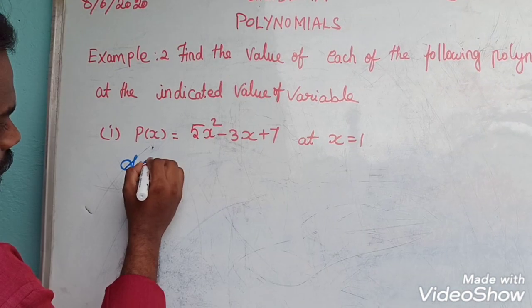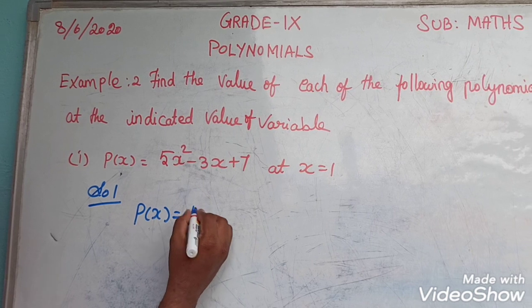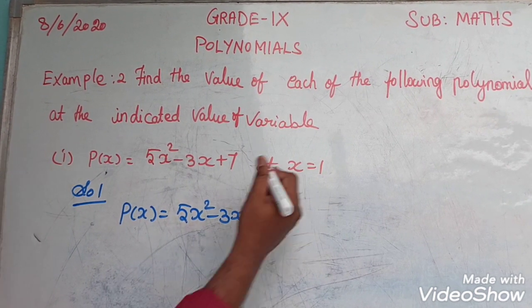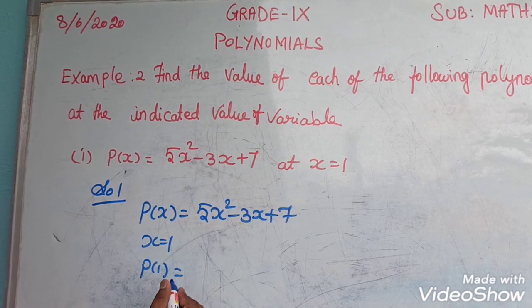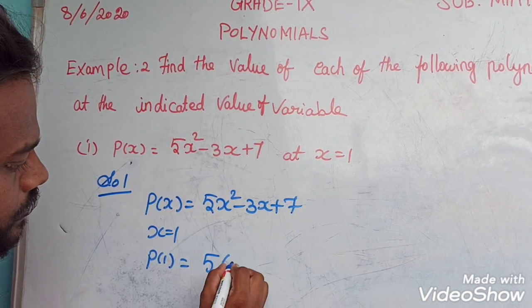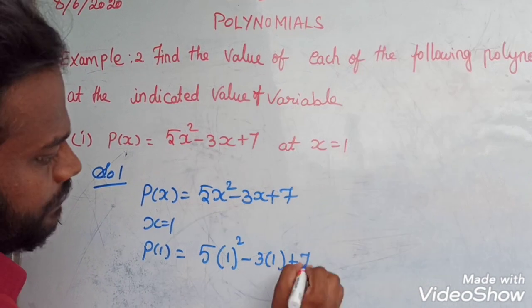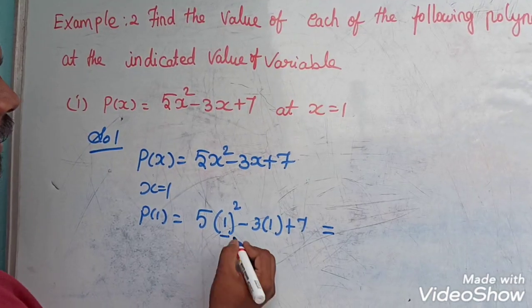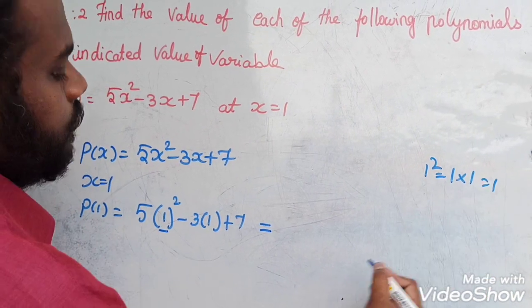So the first solution. p of x equal to 5x square minus 3x plus 7. Here we take x equal to 1. So p of 1 is equal to 5 into 1 squared minus 3 into 1 plus 7. The 1 square can be written as 1 into 1, which is equal to 1.